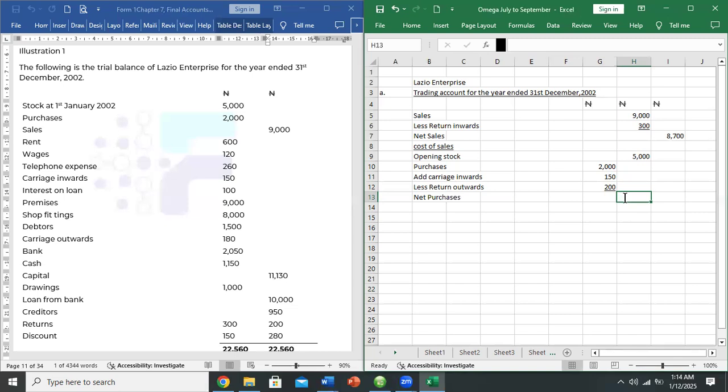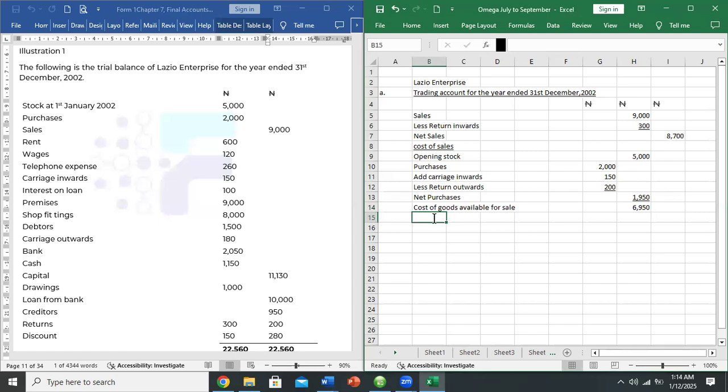So that will be 1,950. Right? Great. So this net purchases, you add it to your opening stock to give you your cost of goods available for sale, which will be 6,950.